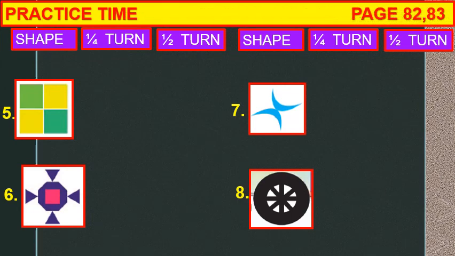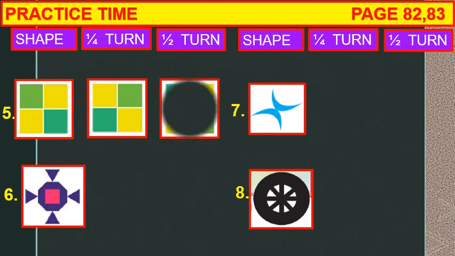Now let us consider the fifth shape and give a 1/4 turn and half turn. After giving a 1/4 turn, the shape formed will not look the same as the original shape, but the shape formed after giving a half turn will match the original shape.